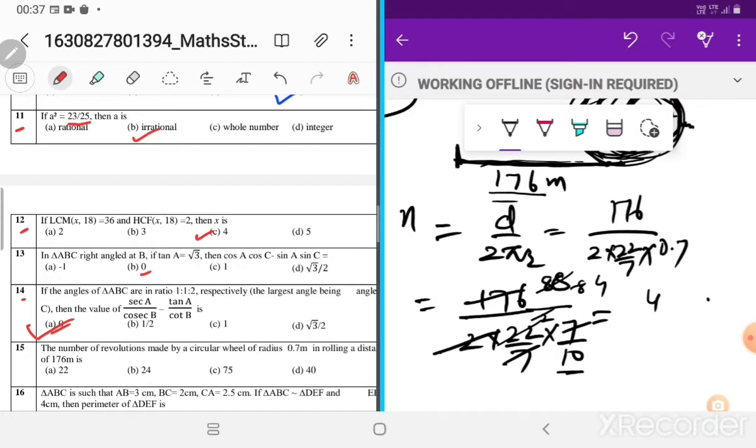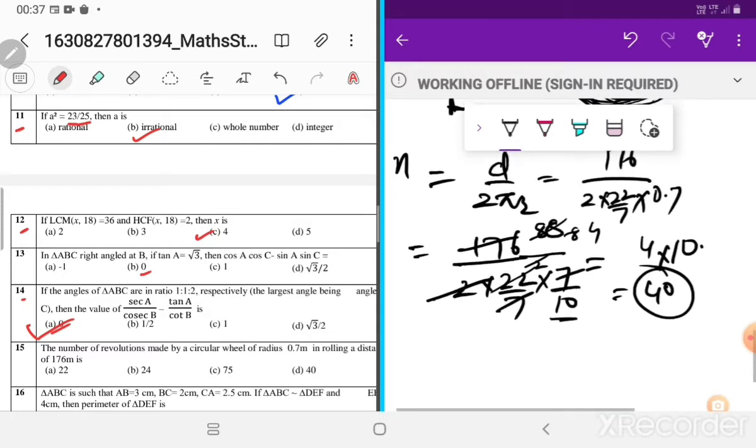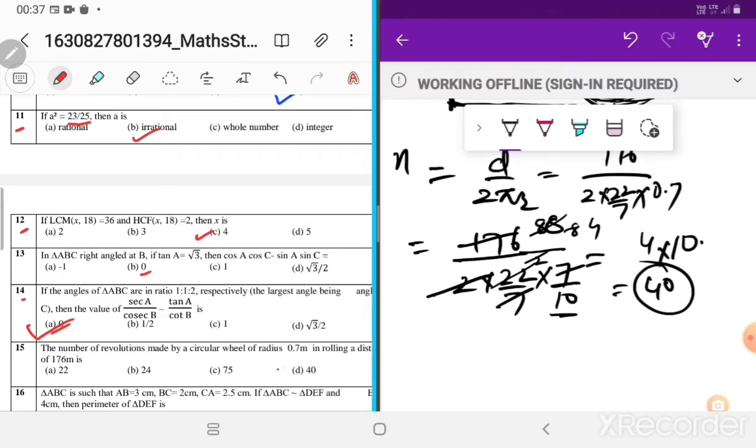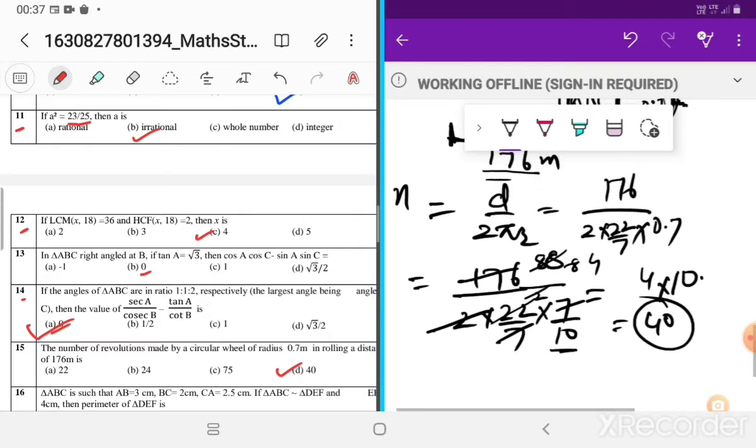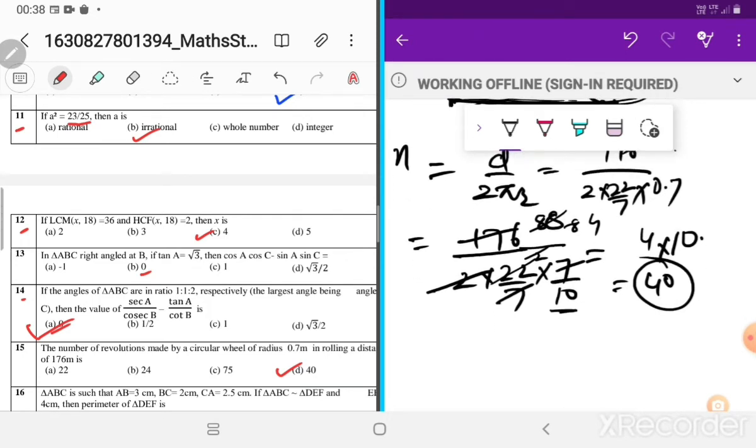So this 10 will go up here, because it is 4 by 7 by 10, so this 10 will go up, so we'll get 40. Is 40 the answer? Yes, this is 40. This is your answer. Got it? So you can do it directly also. In the beginning also you can substitute 10 up and then solve, so you won't make a mistake.